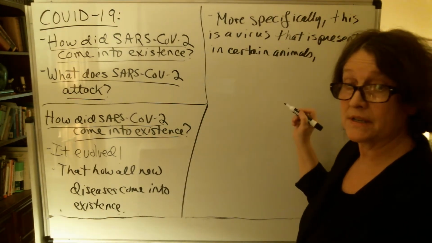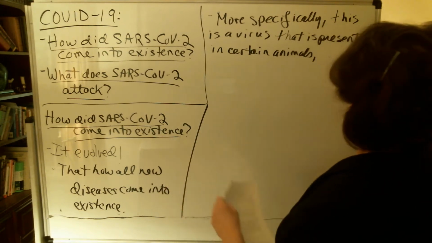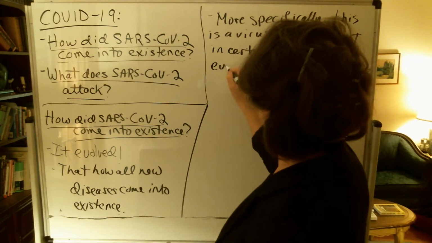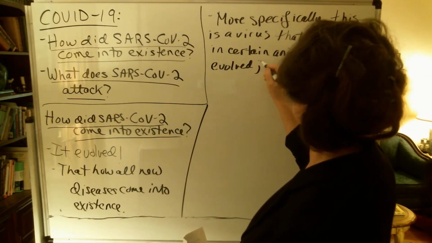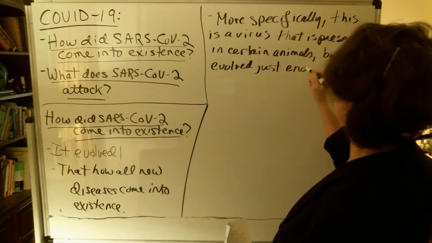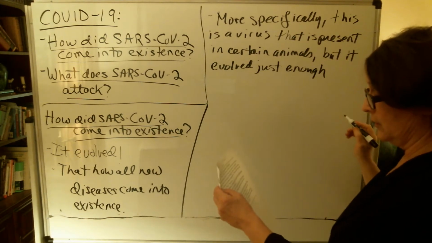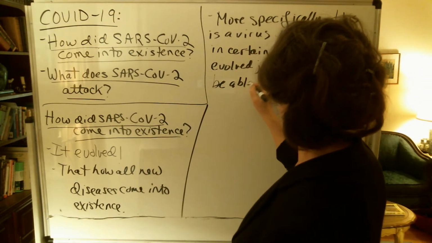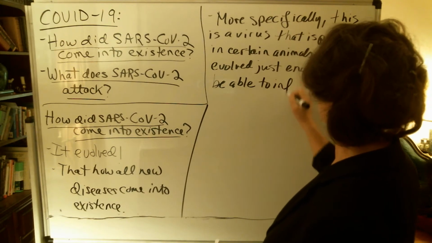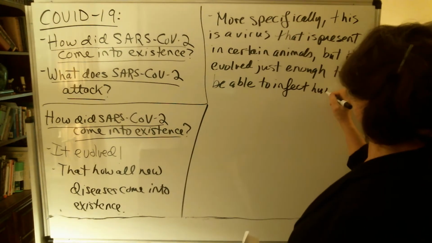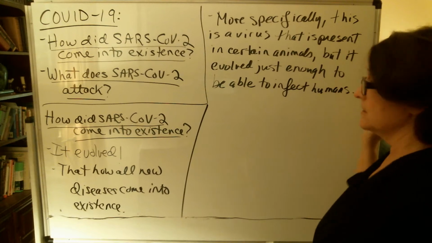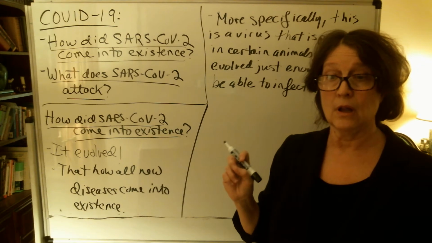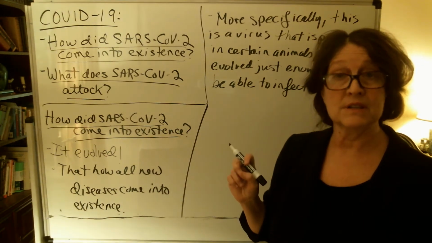Other animals besides us, that is. But it evolved just enough to be able to infect humans. So a few tiny changes in viral RNA wound up giving us our current pandemic.